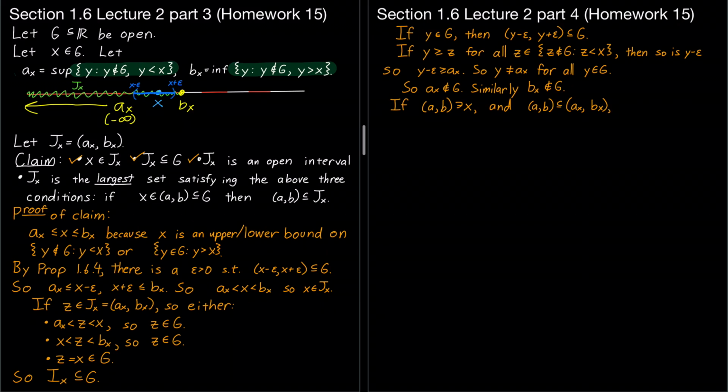So one of your endpoints is not contained, not a subset, then either you've got a_x in AB or b_x in AB, and whichever it is, in either case, AB is not a subset of G. It's got the point a_x or b_x, and neither of those are in G. And that gets the last part of our claim.